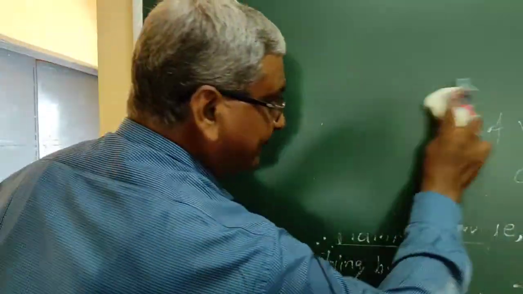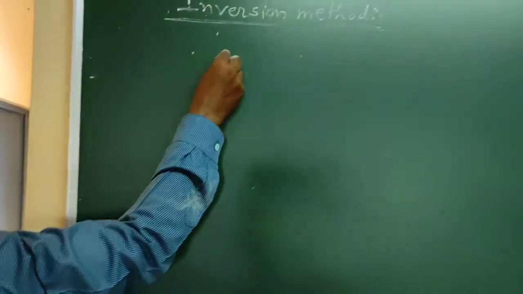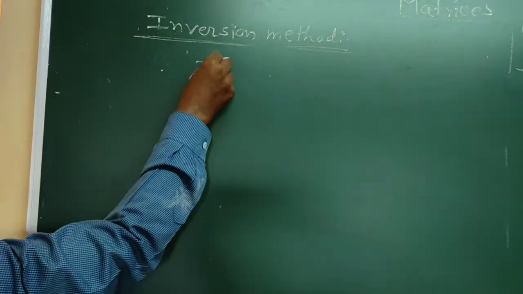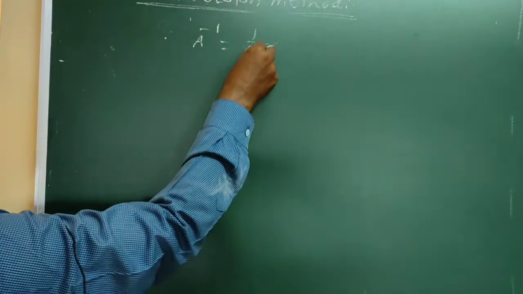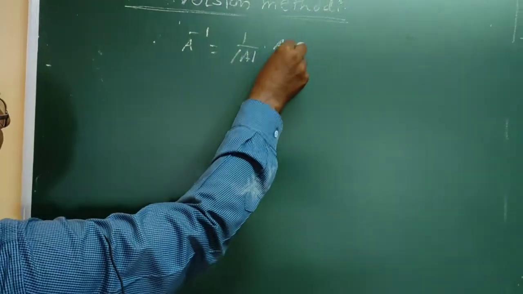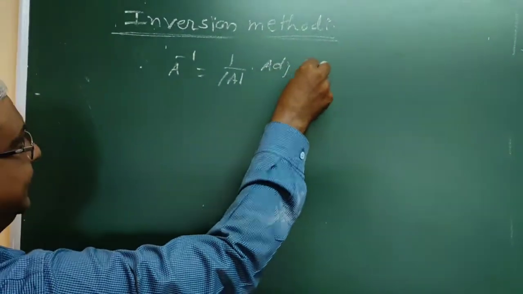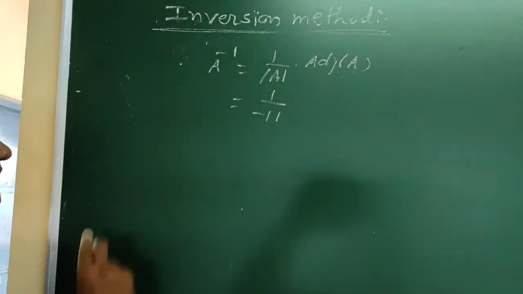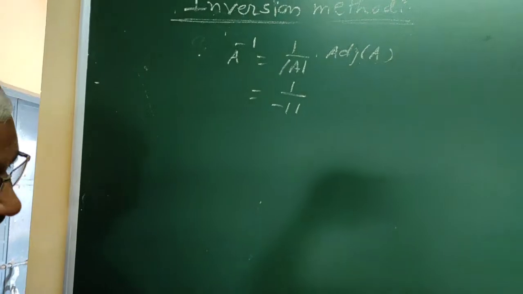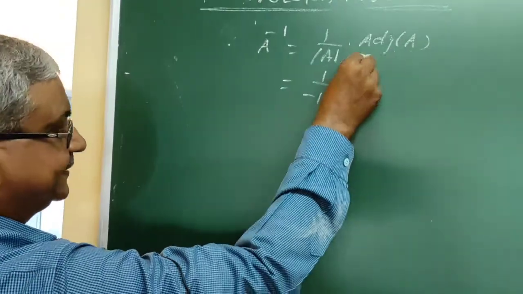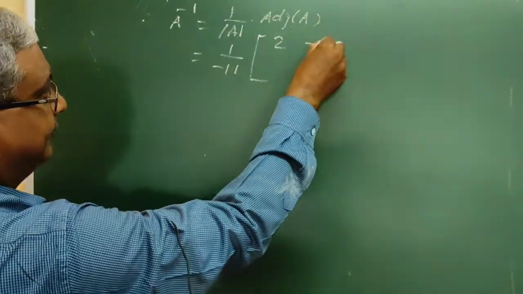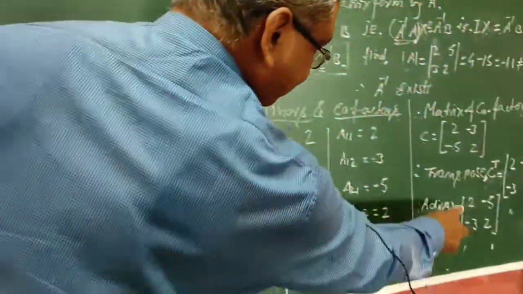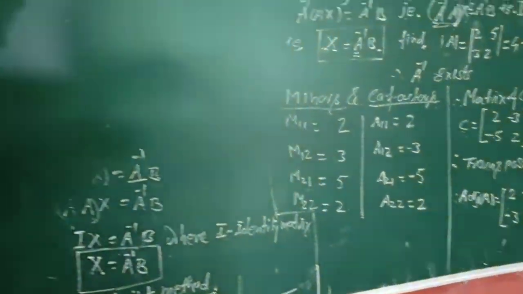We know the formula: A inverse is equal to 1 by determinant A into the adjoint of the matrix A. So 1 by determinant A is minus 1 by 11, and the adjoint of the matrix is 2, minus 5, minus 3, 2.